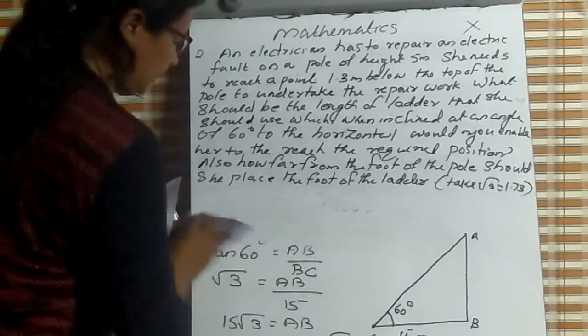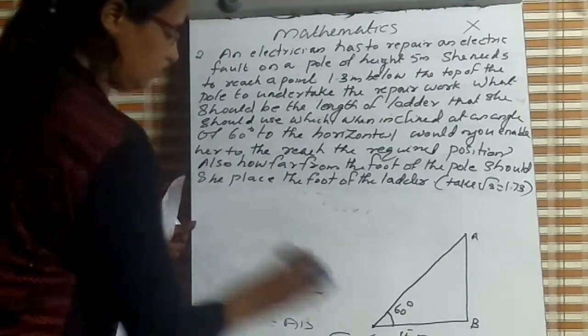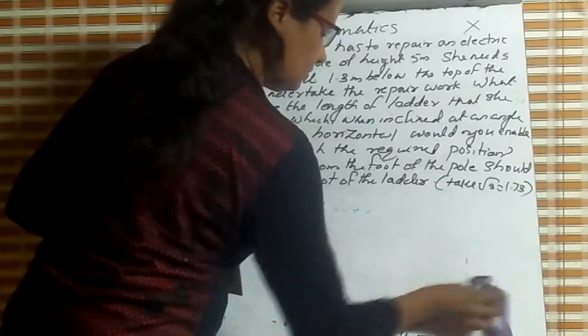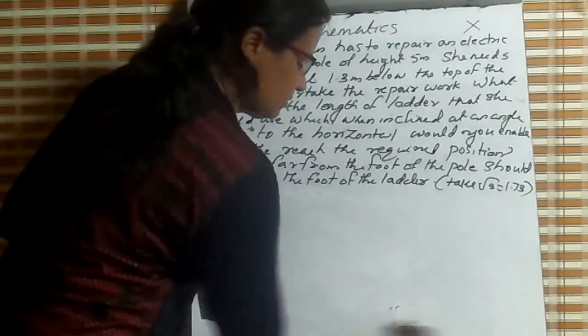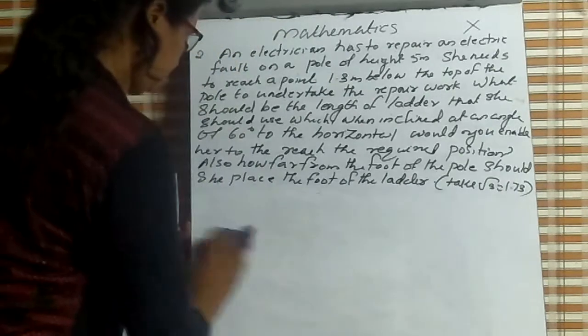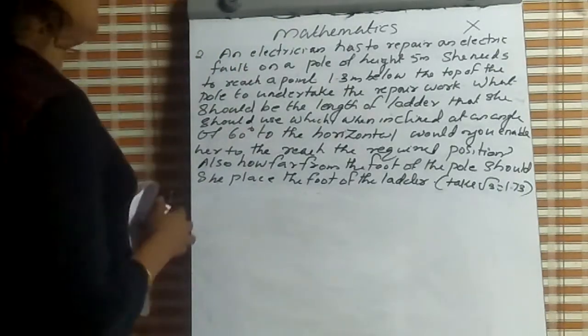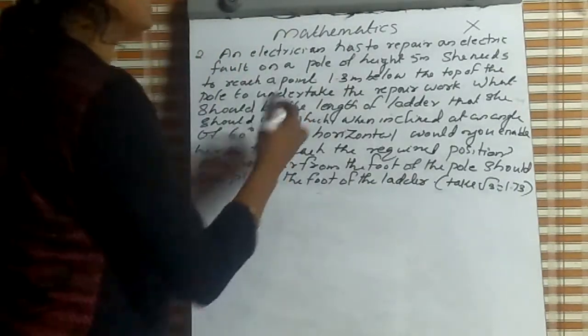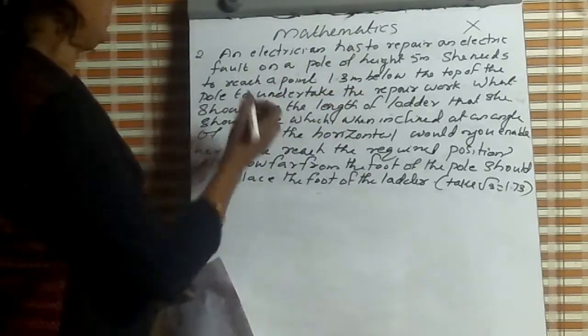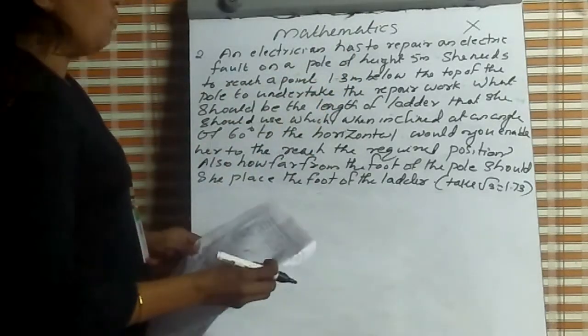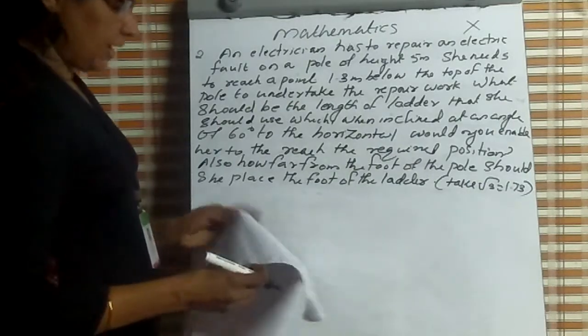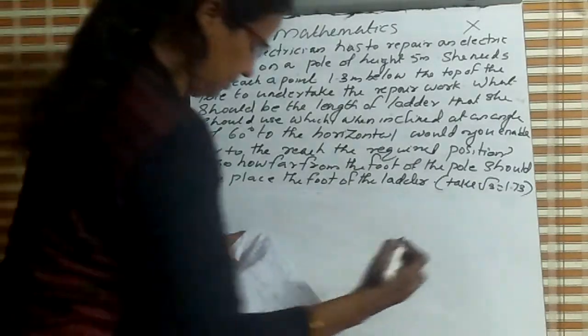Read the question. The question is, an electrician has to repair an electric fault on a pole of height 5 meter.